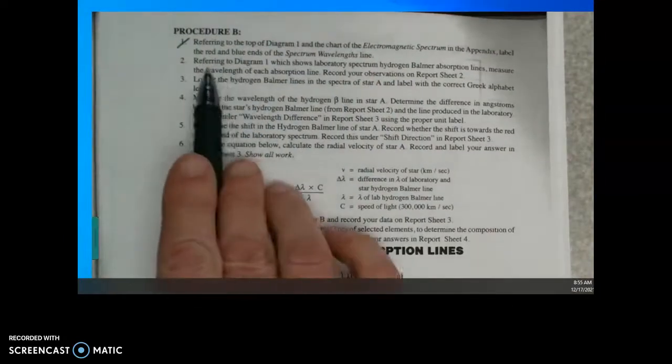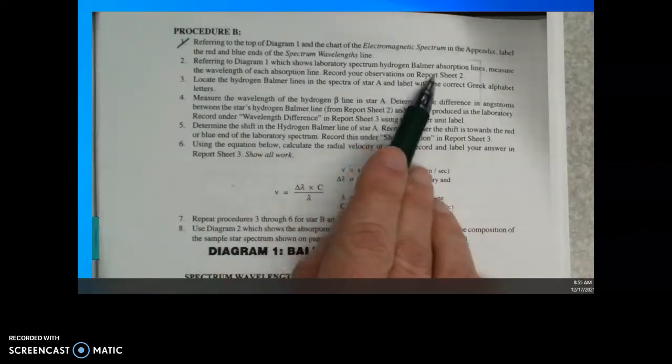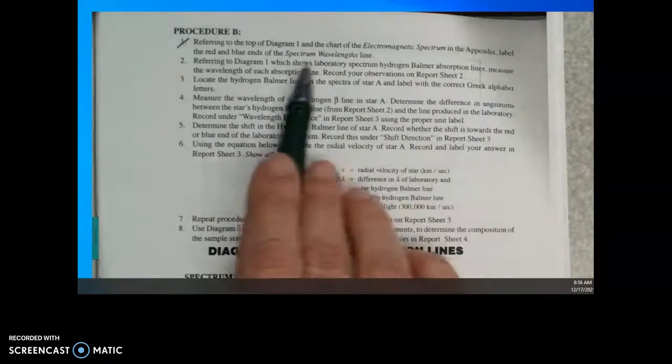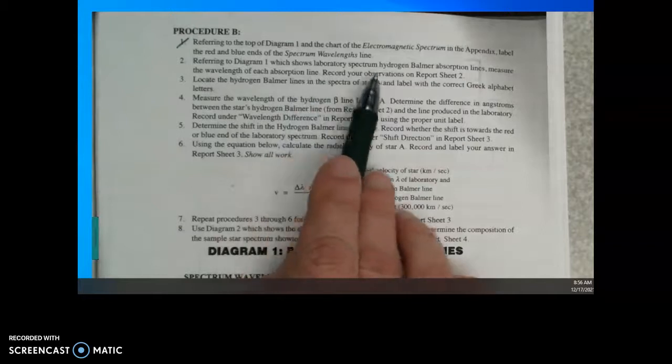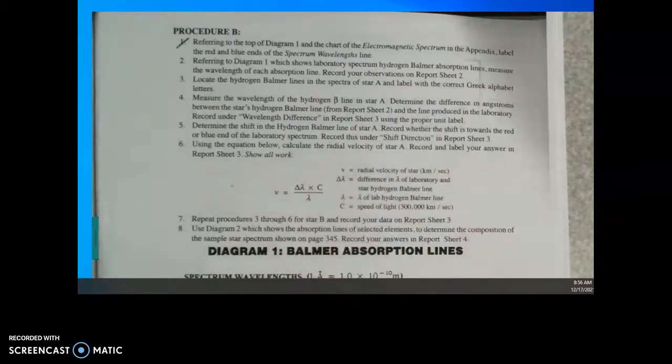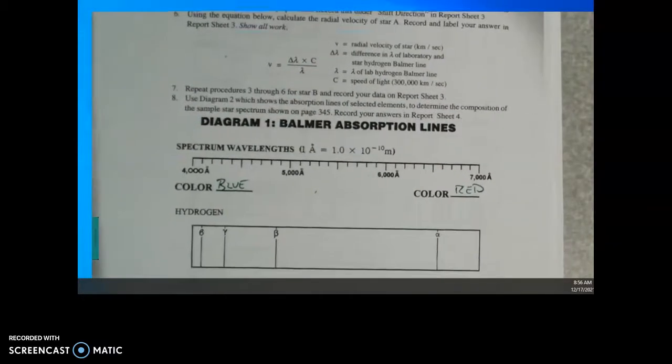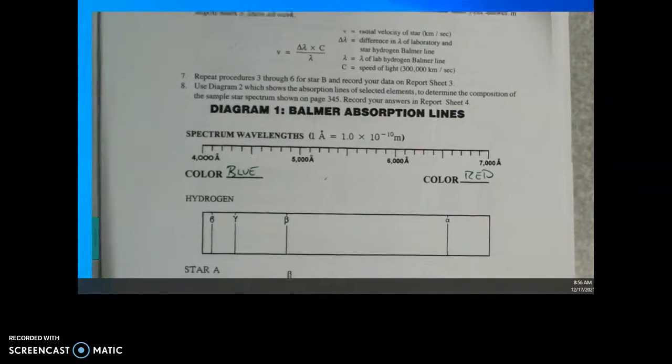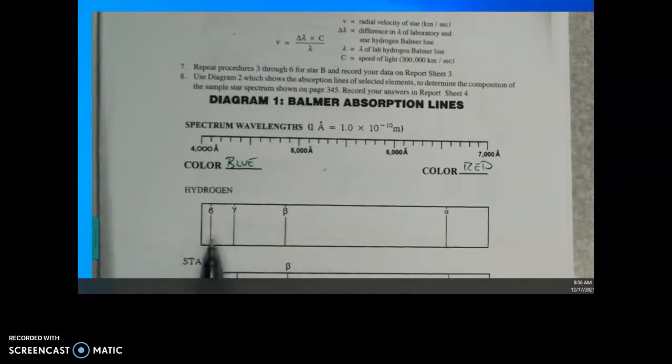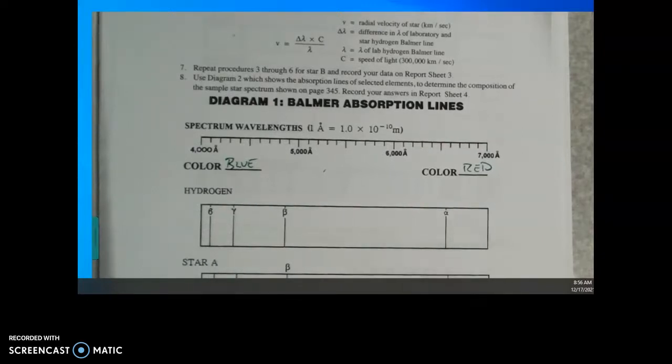So it says, referring to diagram 1, which shows the laboratory spectrum hydrogen Balmer absorption lines, measure the wavelength of each absorption line and record your observations in report sheet 2. So that's a lot to take in here, but really what they're saying here is this is hydrogen in a lab. So when we say it's a laboratory spectra, that means we burn some.